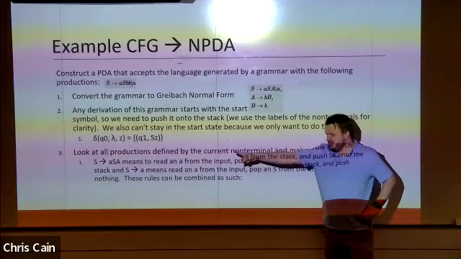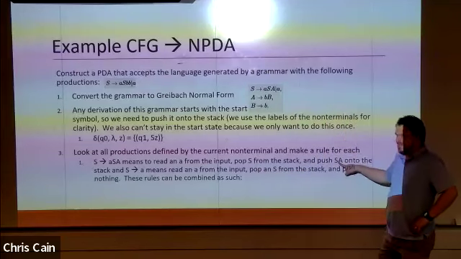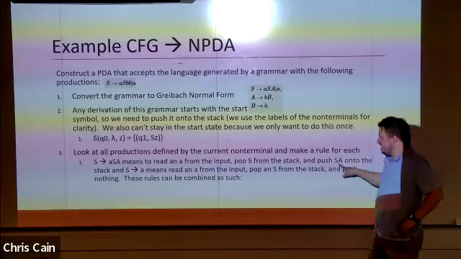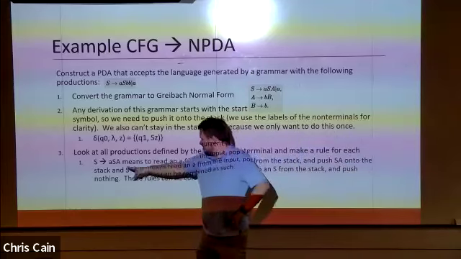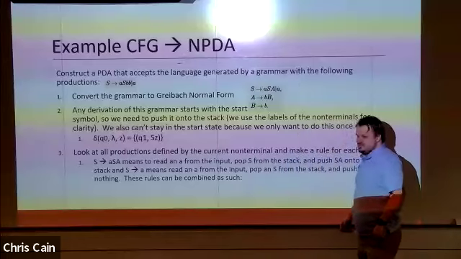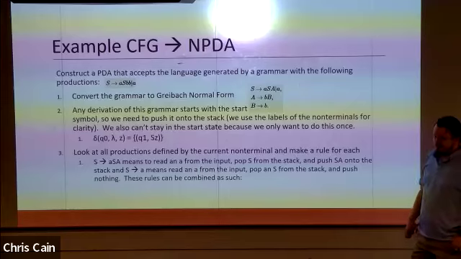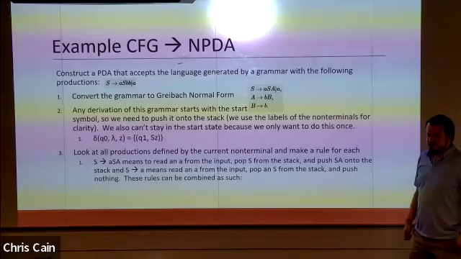So you're going to pop the left side, and you're going to push the right side, all the non-terminals that come after the terminal that begins this. So the a becomes the edge label, and the SA becomes what you push onto the stack. Note that it's in the opposite order though.